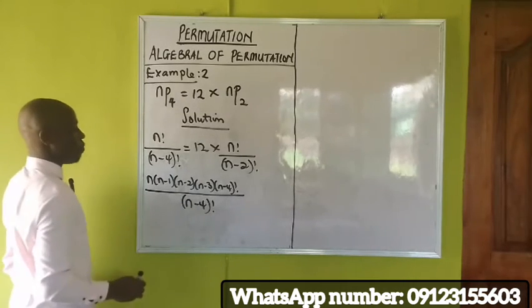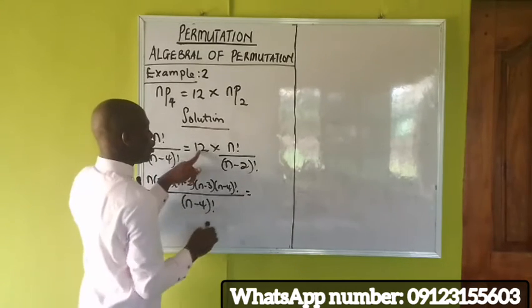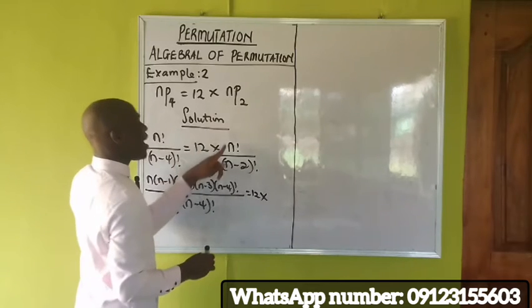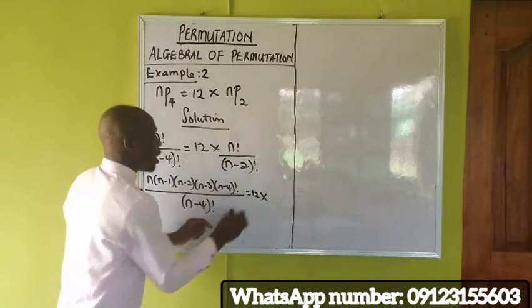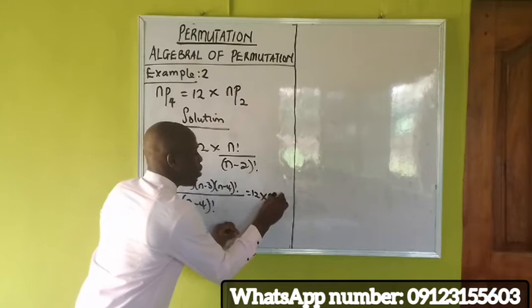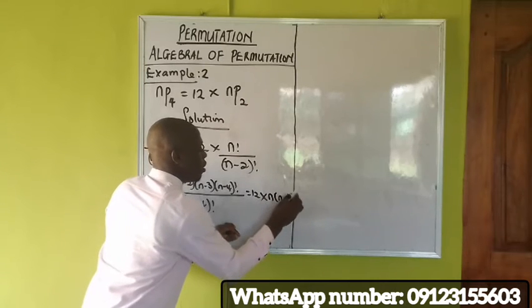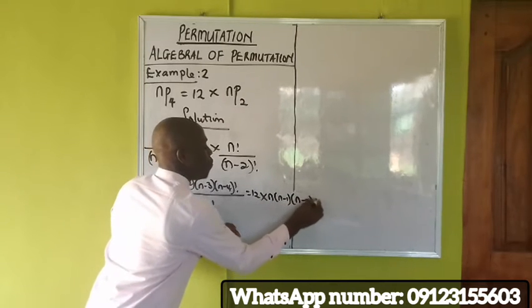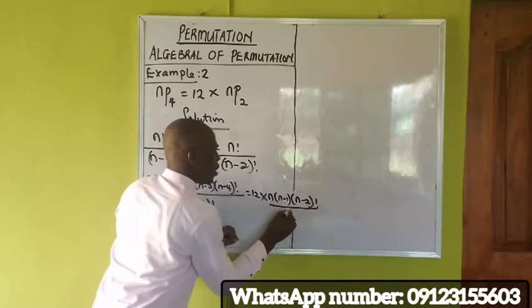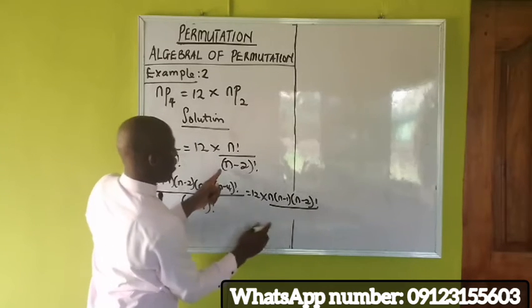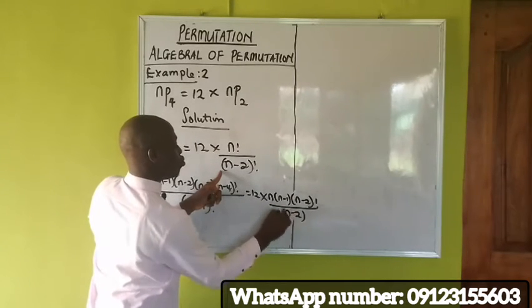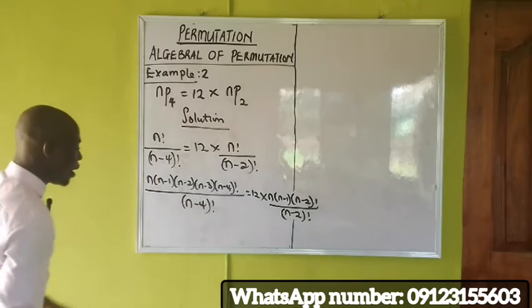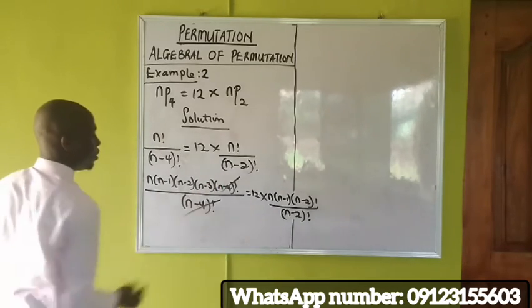It's now equal to 12 multiplied by n factorial, which can be written as n into n minus 1 into n minus 2 factorial over n minus 2 factorial. Hence, this will cancel out this, and this will cancel out this.